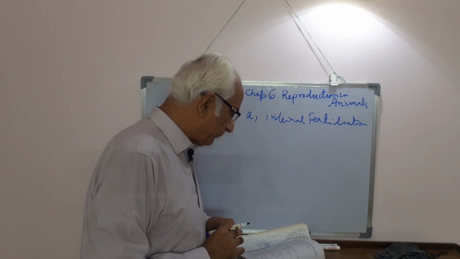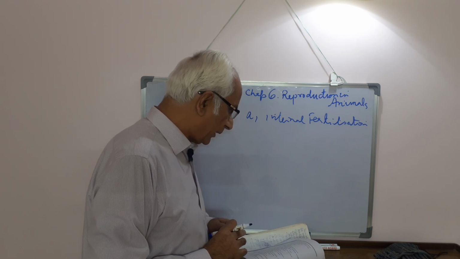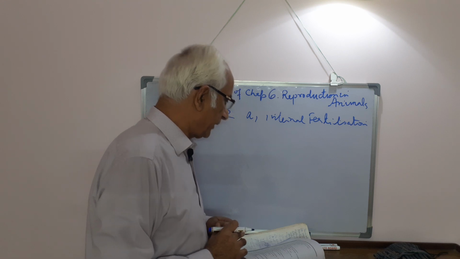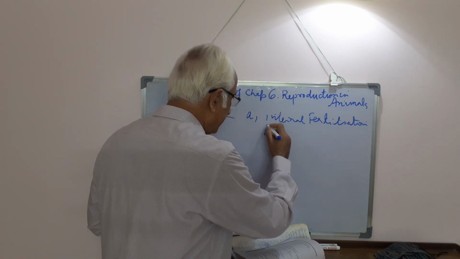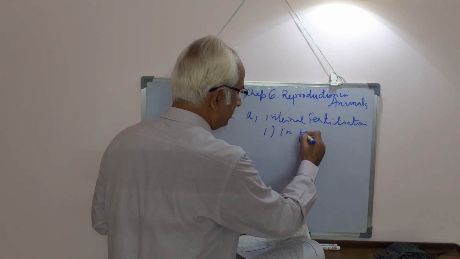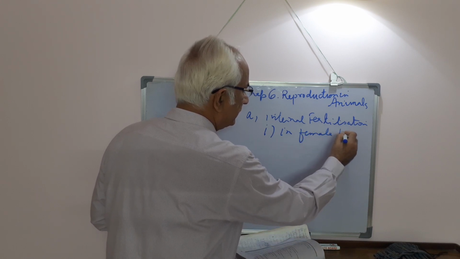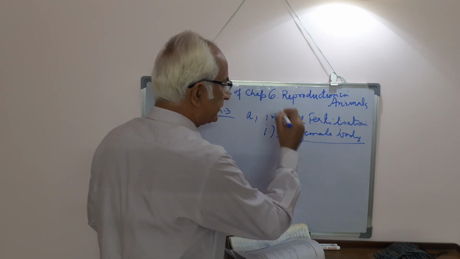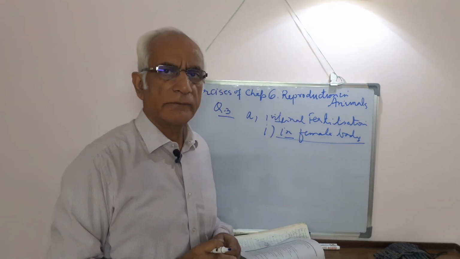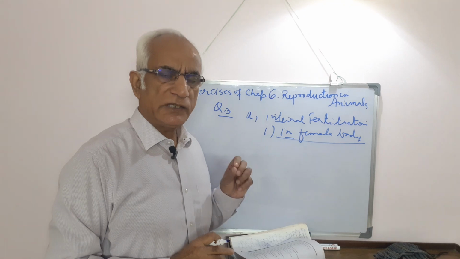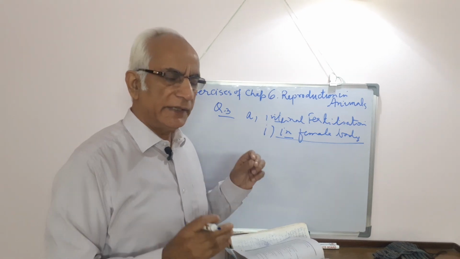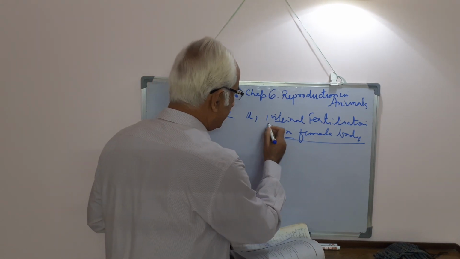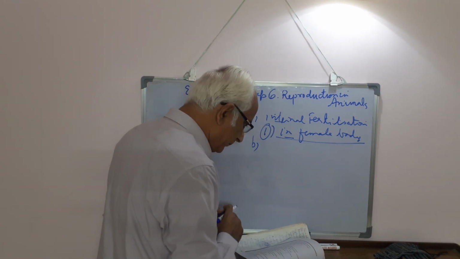First option is in female body, second is outside female body, third is male body, and fourth is outside male body. So this is always in the female body. That is internal, inside the female body. The male gametes will enter the female body and there they will fertilize the egg. So the answer is 1.